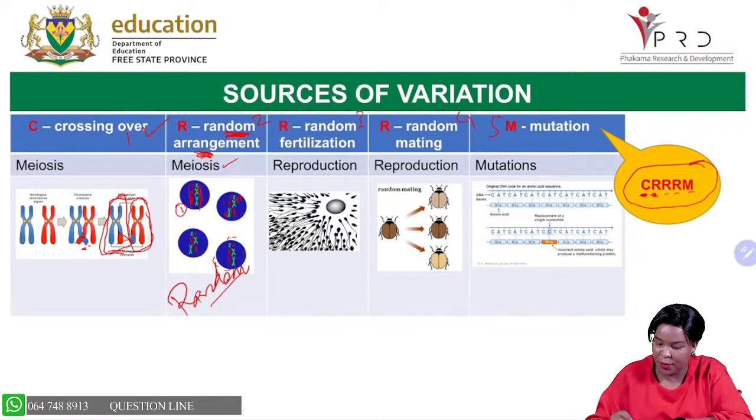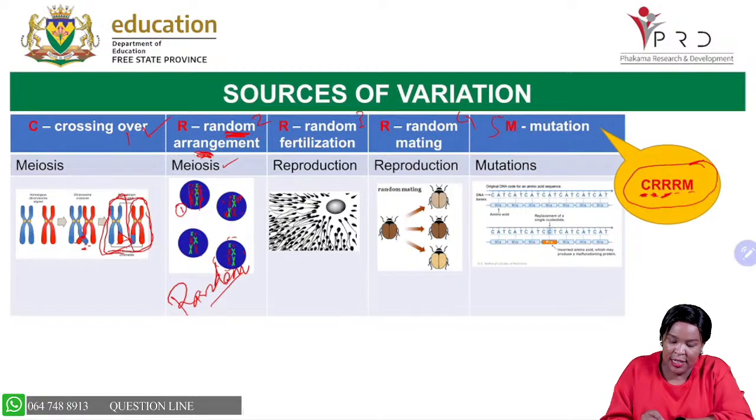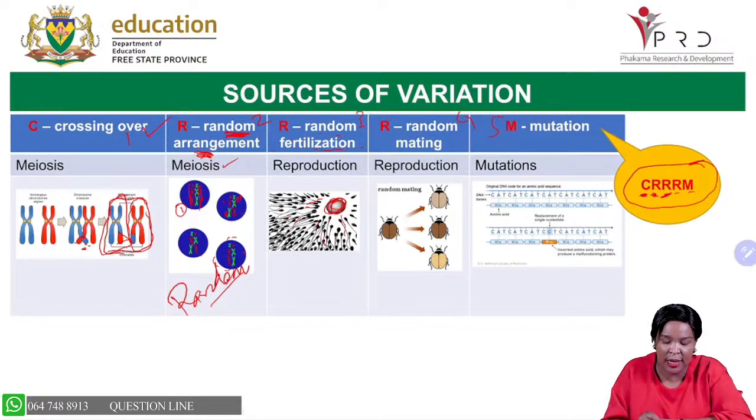The third one, which is the third R, is random fertilization. When all these sperm cells are coming to fertilize the ovum, we don't know which sperm is going to fertilize it. The one that swims the fastest is the one that is going to fertilize the ovum.